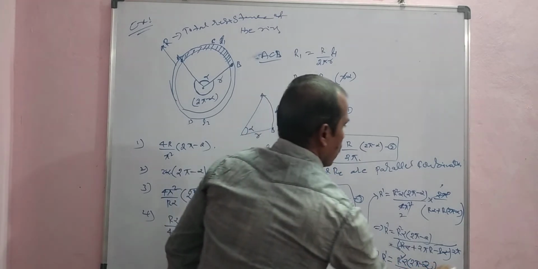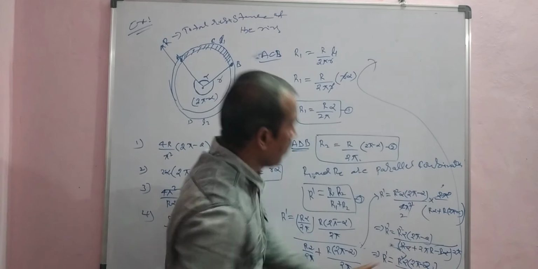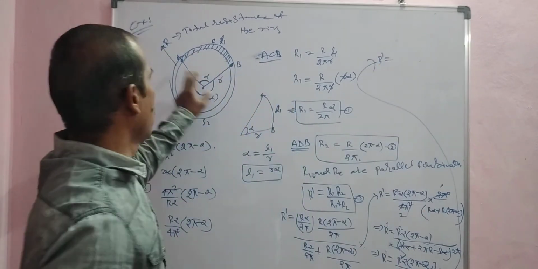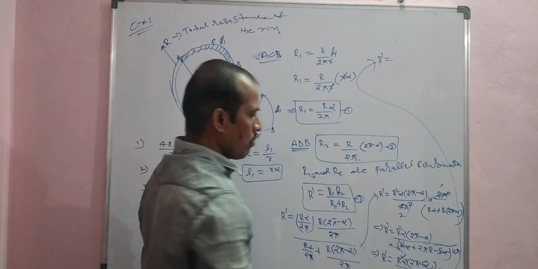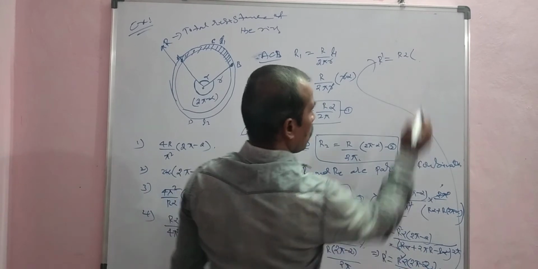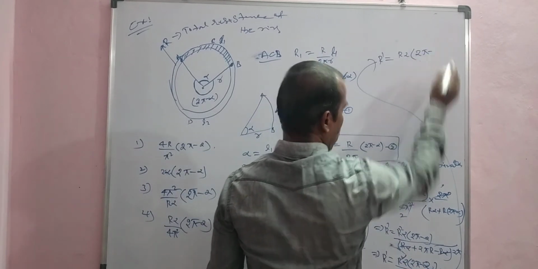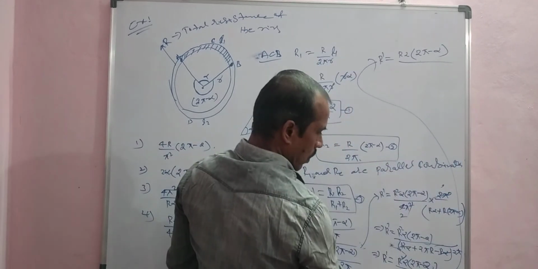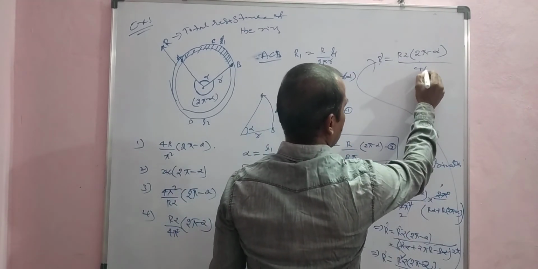So the answer, the effective resistance of the ring between points A and B, R prime is equal to R alpha into 2 pi minus alpha by 4 pi square.